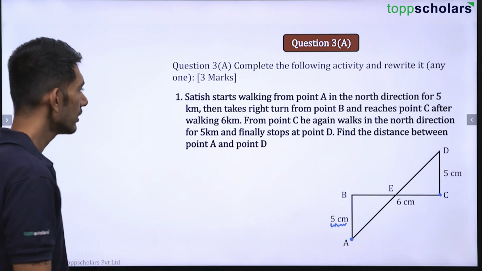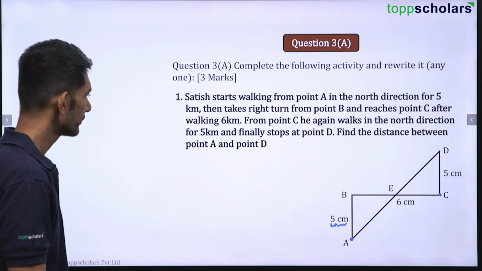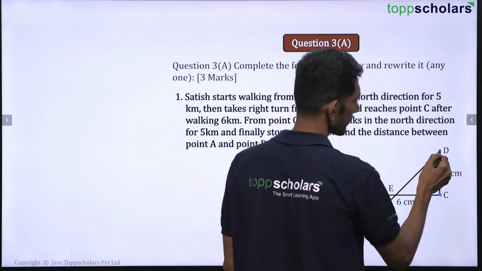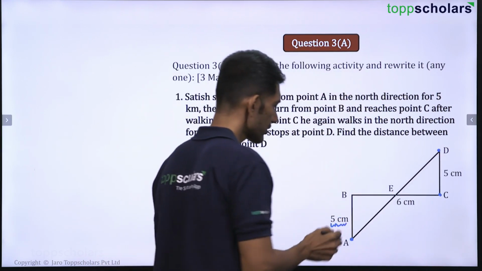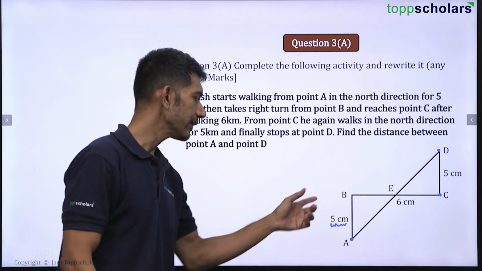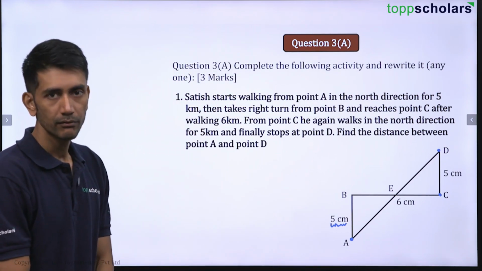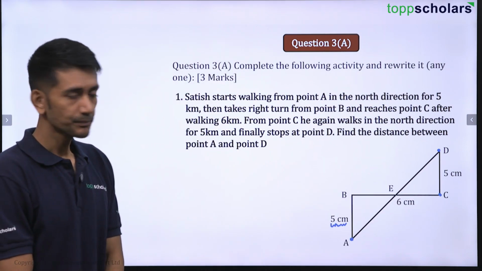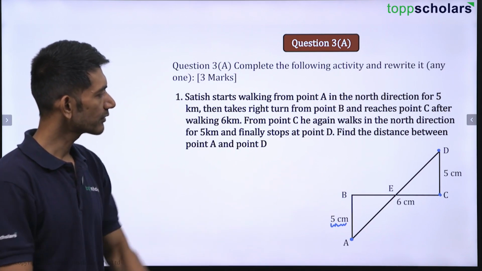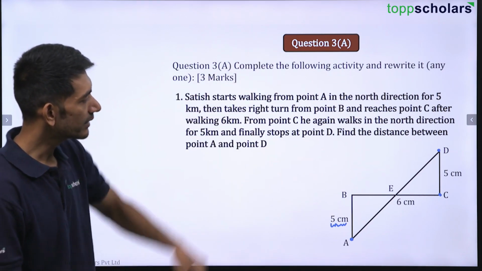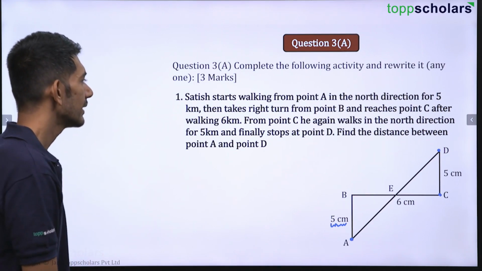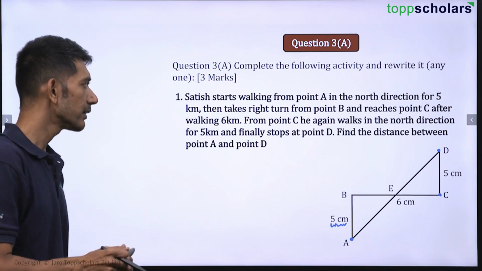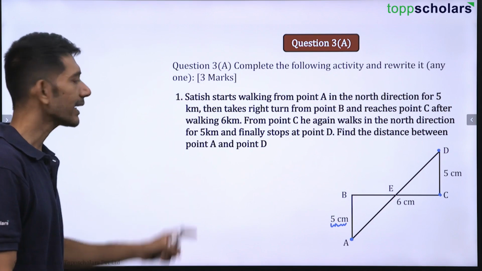He again walks in north direction for 5 kilometers and finally stops at point D. So he started from A, he went to B, that is 5 kilometers, then he moved to the right and he walked for 6 kilometers and he then went north, and that is 5 kilometers again, and he stops at point D.